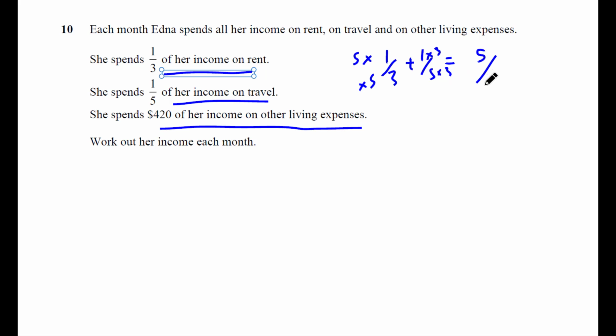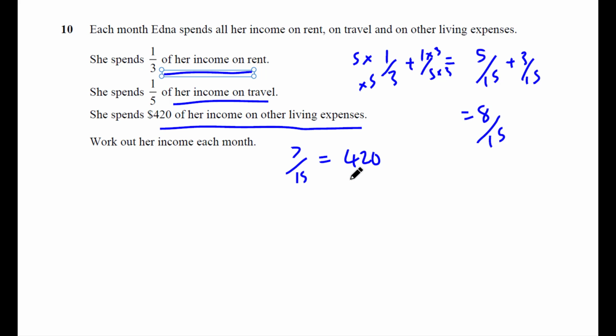So we're going to get 5 over 15, add 3 over 15, that equals 8 over 15. So that means she must spend 7/15 on other living expenses, and that equals, or as a ratio, equals 420.